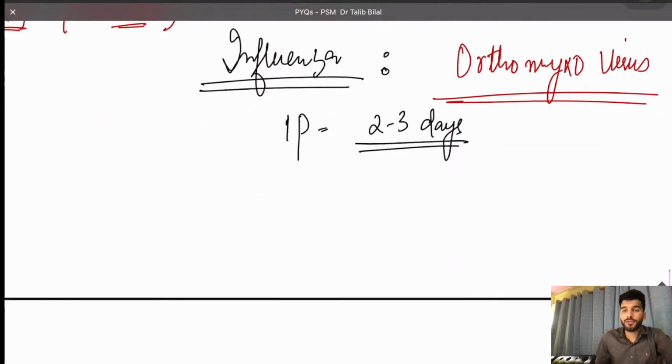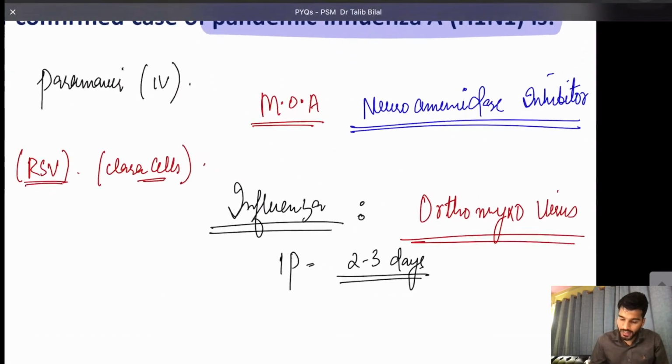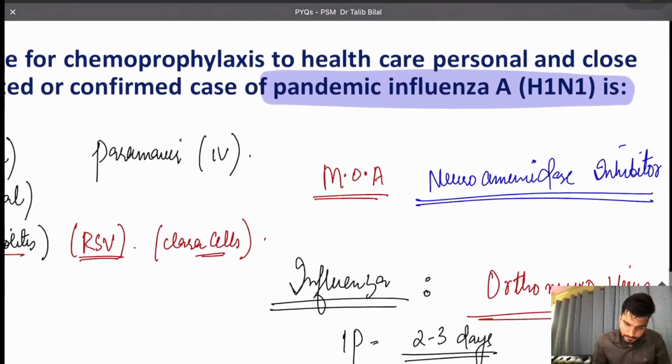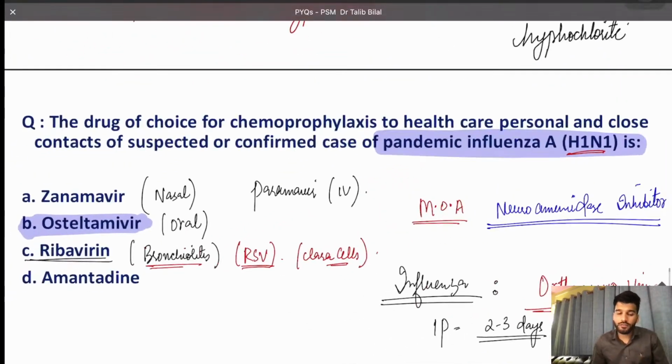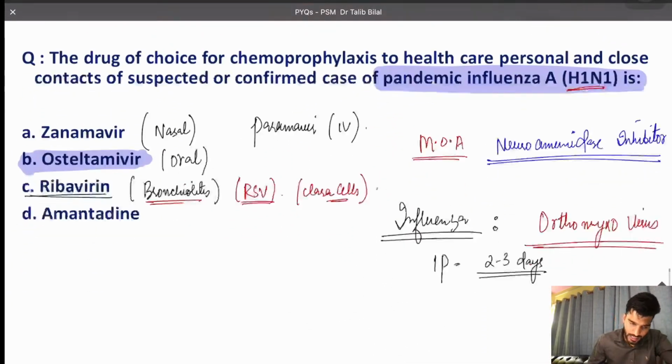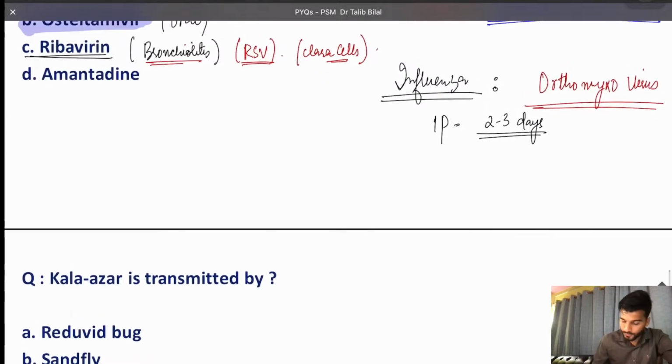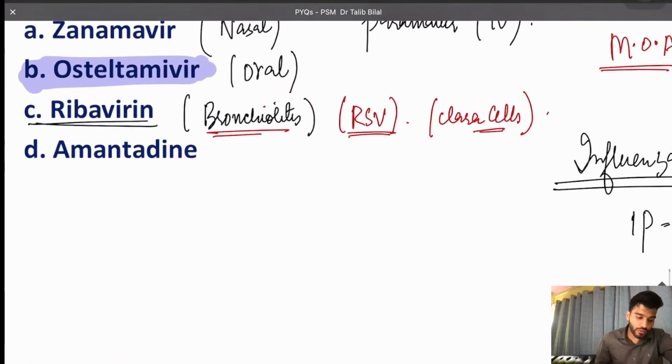Then we have types of influenza: type A, type B, and type C. Type A H1N1 that I have mentioned. Then we have Victoria as type B. Then we have H5N1 as bird flu.